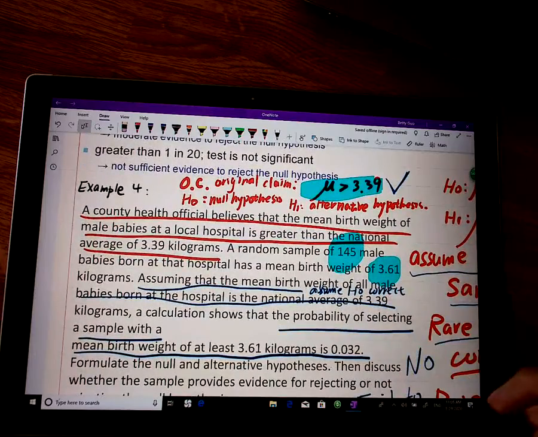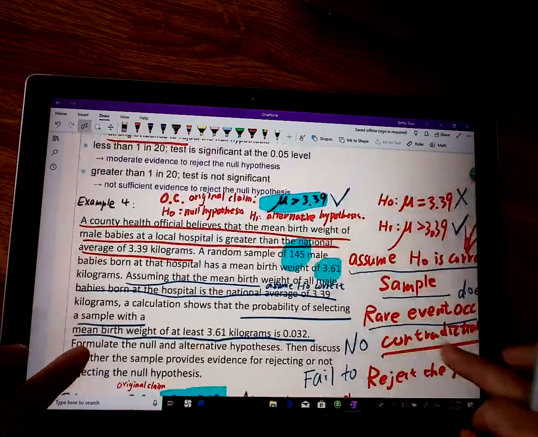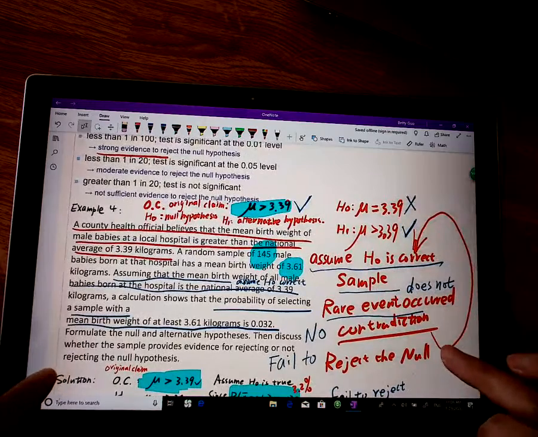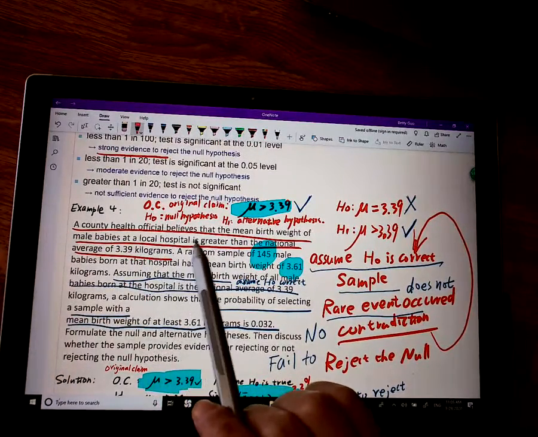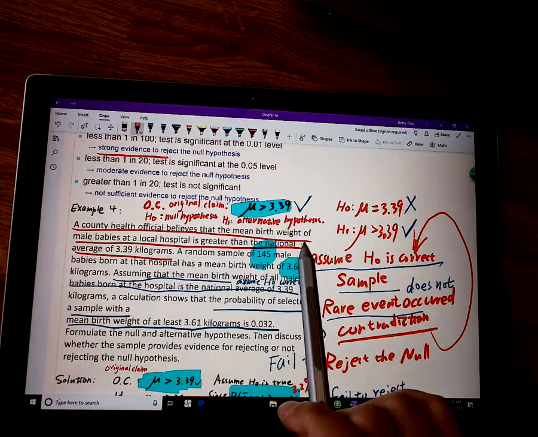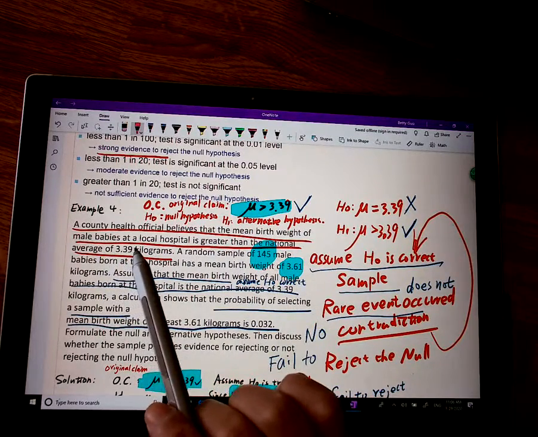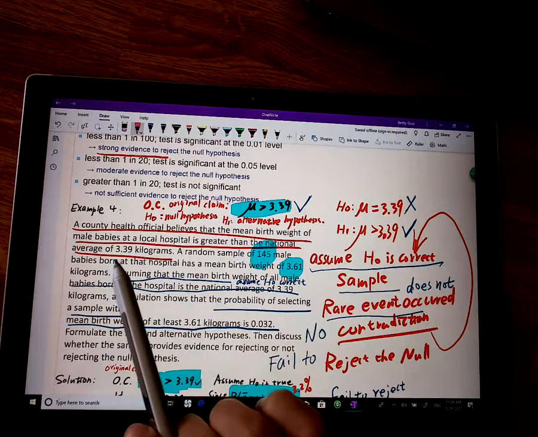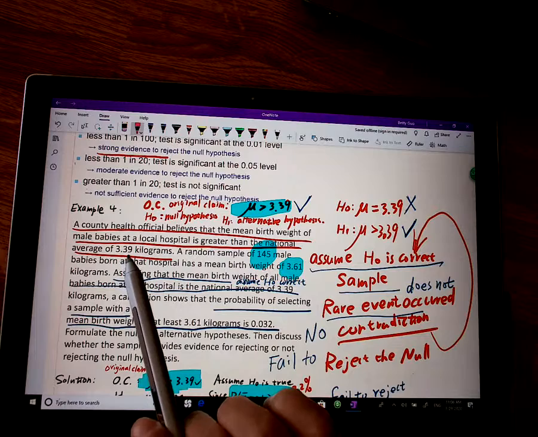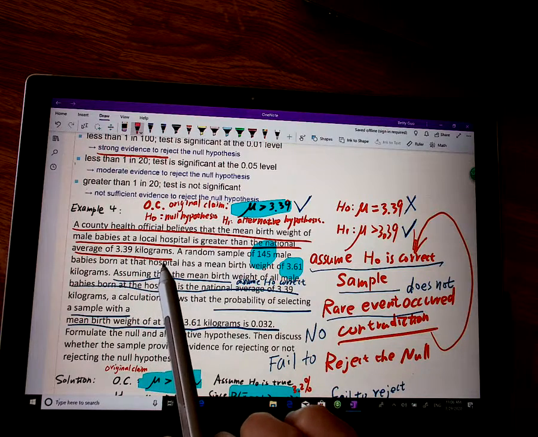Example 4. A county health official believes that the mean birth weight of male babies at a local hospital is bigger than the national average of 3.39 kilograms.